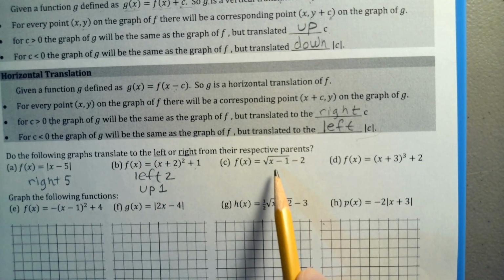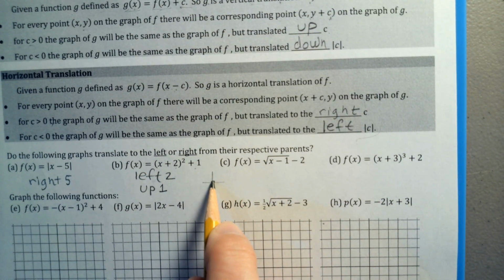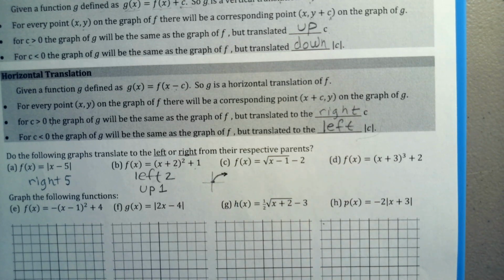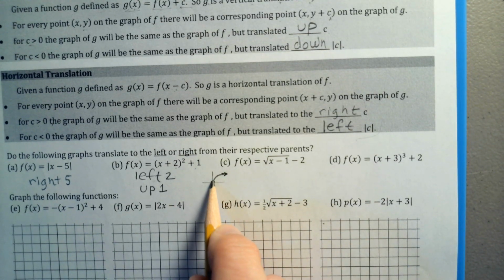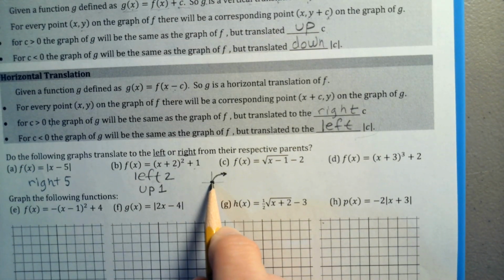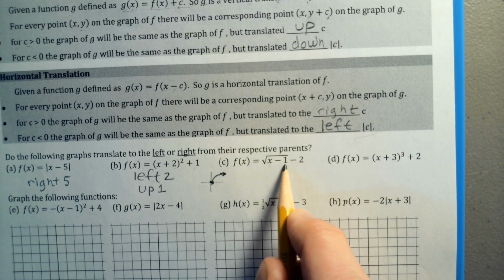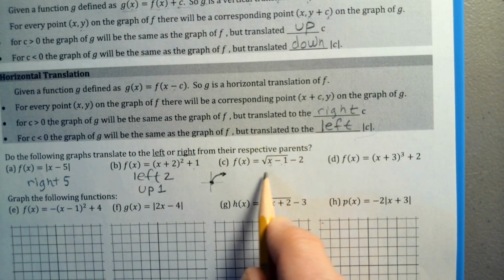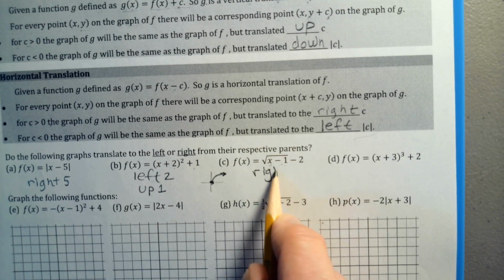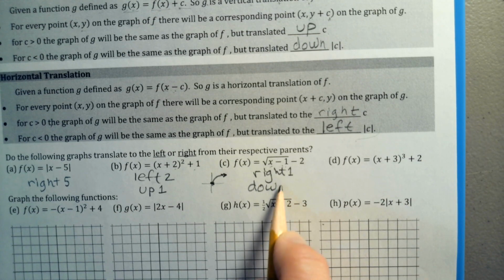All right, this one. Now this one's a square root function, which generally looks like that, right? It's half of a sideways parabola. So the vertex of the half parabola, what's going to happen to it? It's x minus 1 inside, so it's going to go right 1, and that negative 2 means it's going to go down 2.